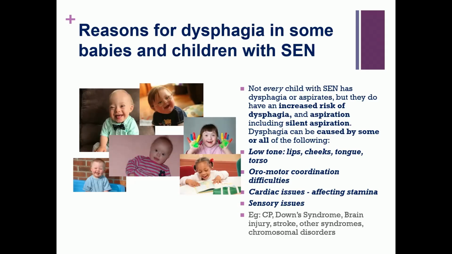So we just may need to pace things a bit more slowly. With the weaning side of things, we might have to take things a little bit more slowly before moving them on with textures. And what we do know is that quite a few children with additional needs often have sensory aspects going on. So they may be a bit fussier than some other children, or that fussiness might continue for a bit longer.